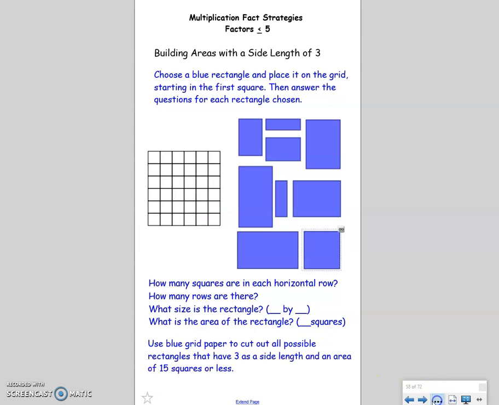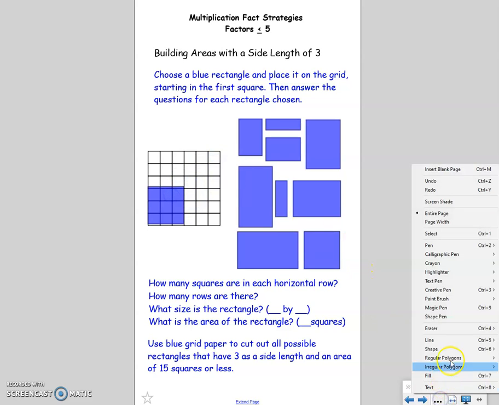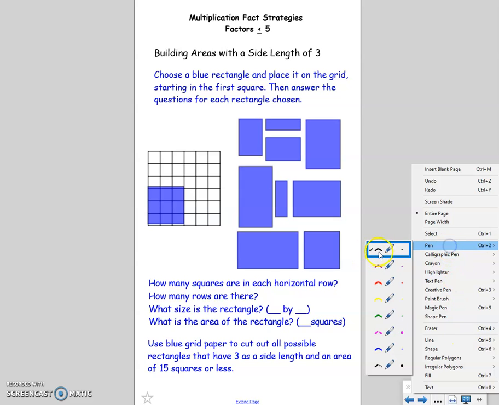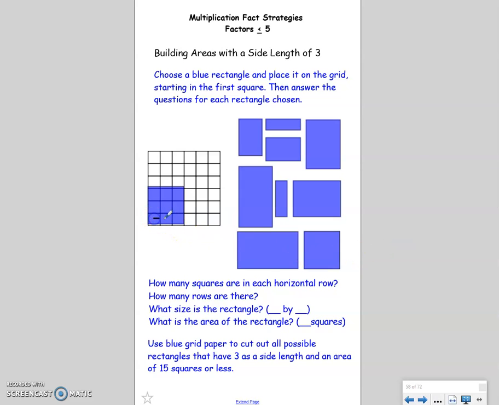Let's go ahead and look at another rectangle together. Here's our next rectangle. Let's look at this rectangle and see how many squares are in each row. Well, there are clearly 1, 2, 3 squares in each row. And how many rows are there? 1, 2, 3. There are 3 rows.